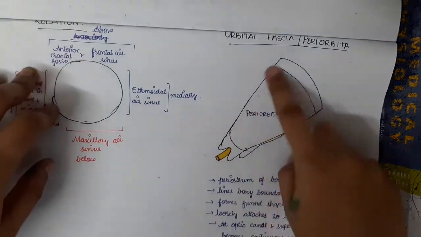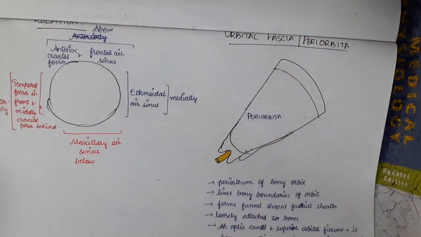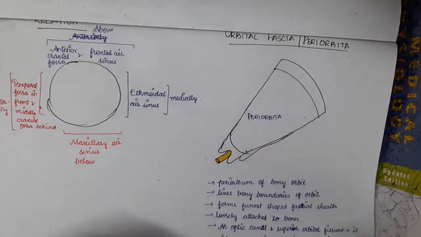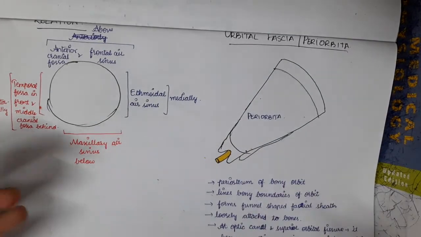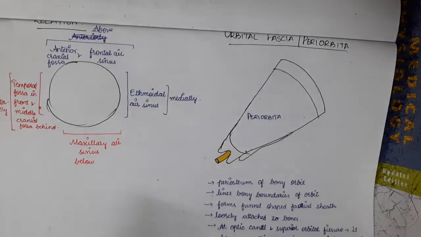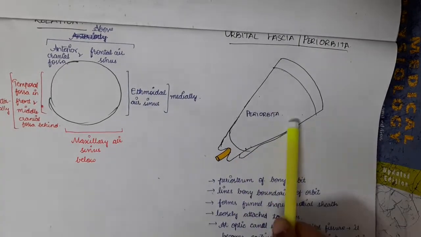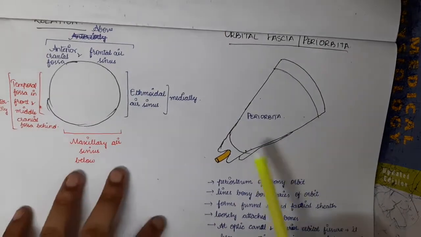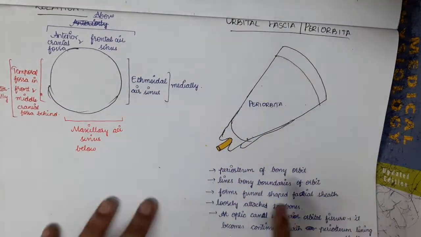This bone is surrounded by a thin layer of connective tissue called the periosteum of the orbit, which is nothing but periorbita. Any bone in our body is covered by periosteum. Similarly, the orbit is covered by a periosteum called periorbita. This periorbita will line the bony boundaries of the orbit.